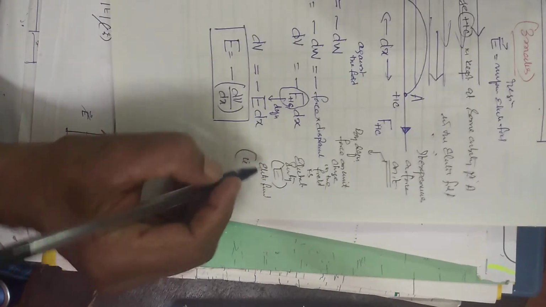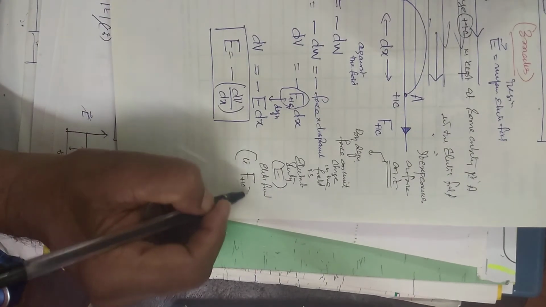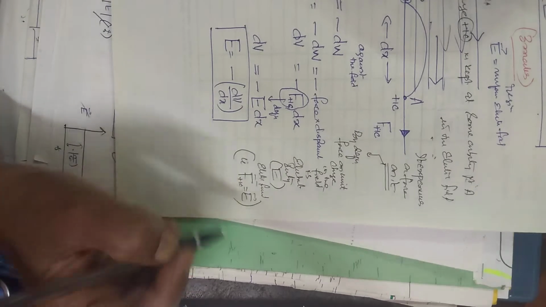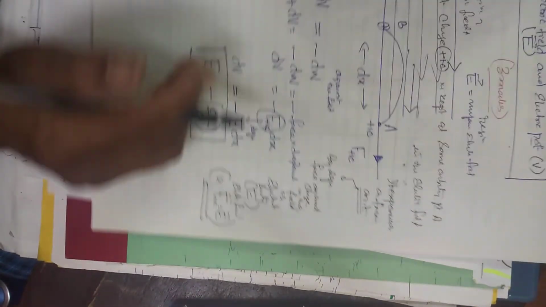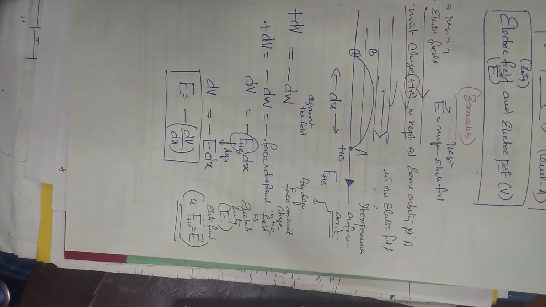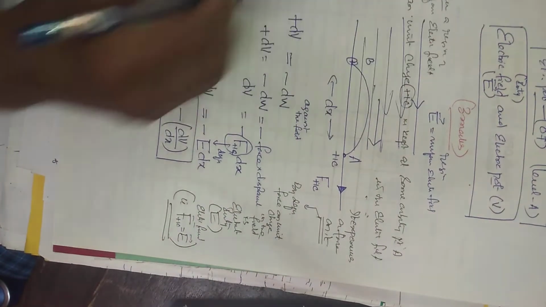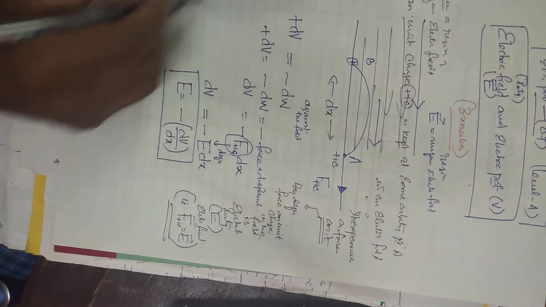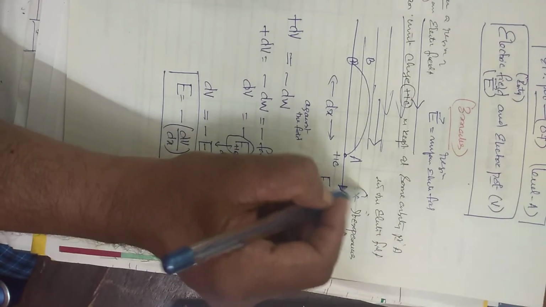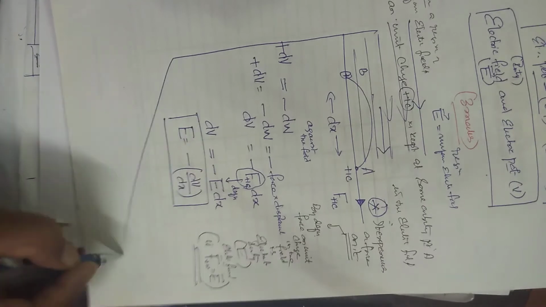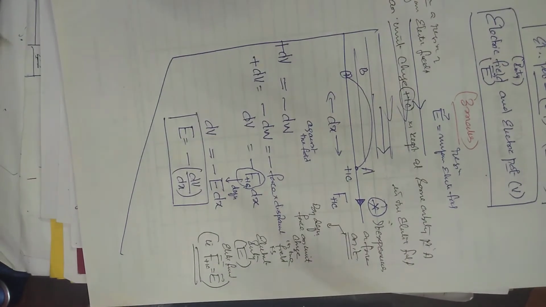You write that the force acting on a unit charge is equal to E. Placing is important. I have placed this here as the first point, the second point is this, the third point is this, and then the fourth point.